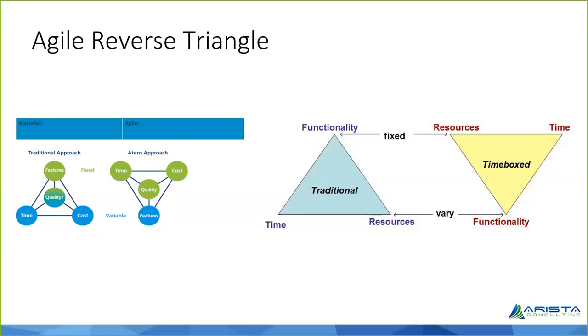Well, in case of Agile, we fix the time. The iterations are time boxed, so the time is fixed. It could be either 2 months or 3 months. And then we fix the cost.